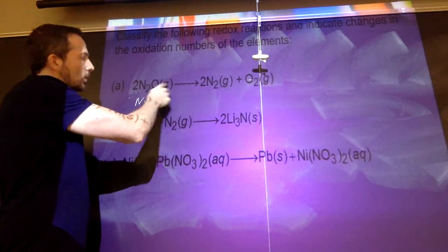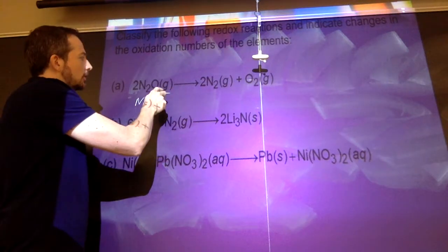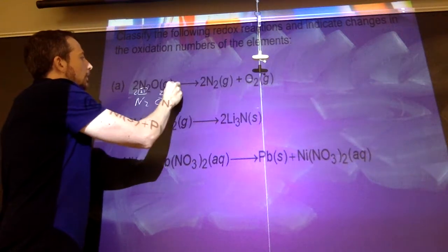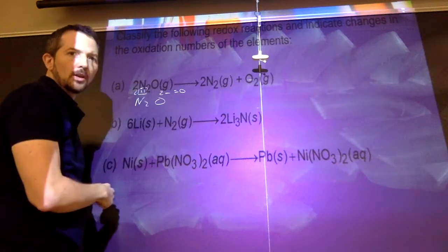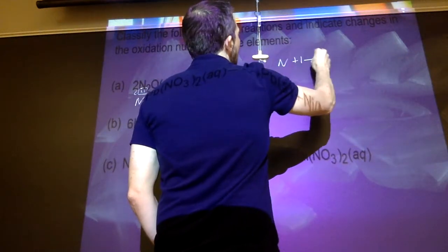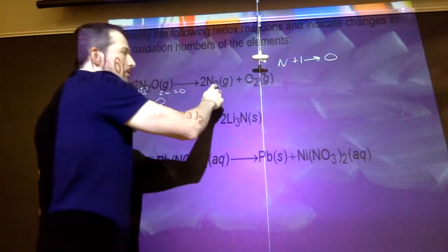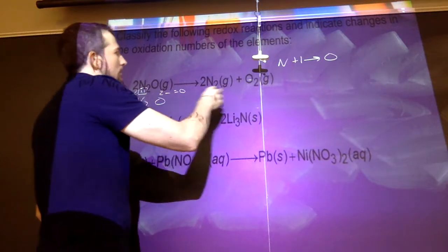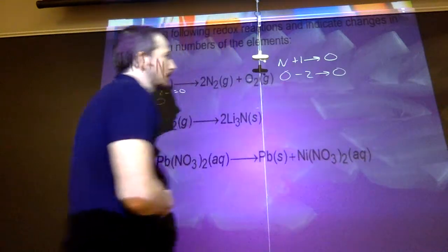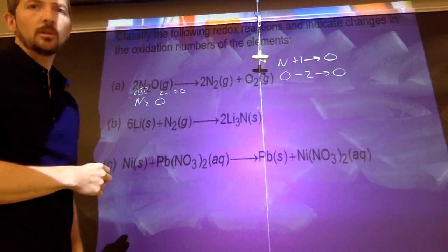And so the charge is just 0. So it balances out. So 2 times 1 would give me 0, plus 1. And so nitrogen goes from plus 1 to 0. Okay. Oxygen goes from 2 minus to 0 because it goes to an element as well.